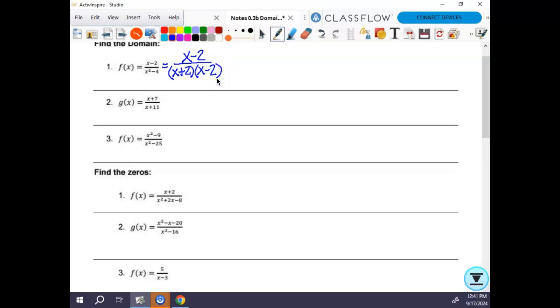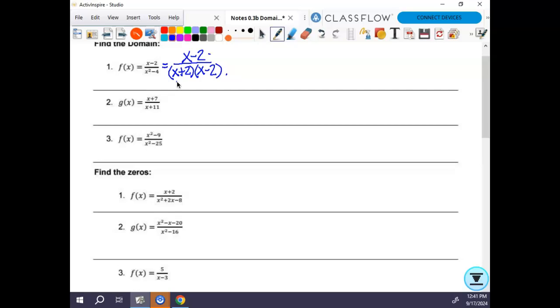Okay? Now, can I reduce it? Yes, but not yet, right? So what I know is going to happen, but we're not going to actually do that right here, is I can cancel these 2 out, right? And that's going to give me a hole there, yes? And then this is going to give me a what? What is the x plus 2 going to give me?